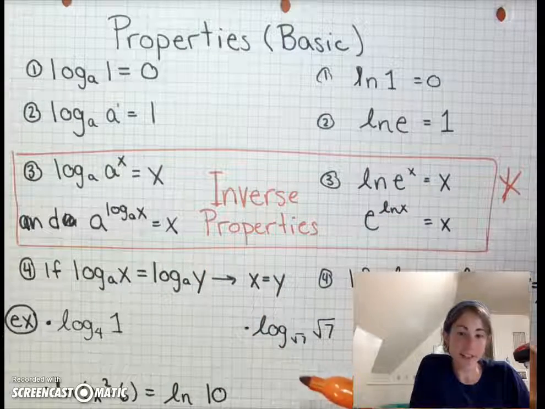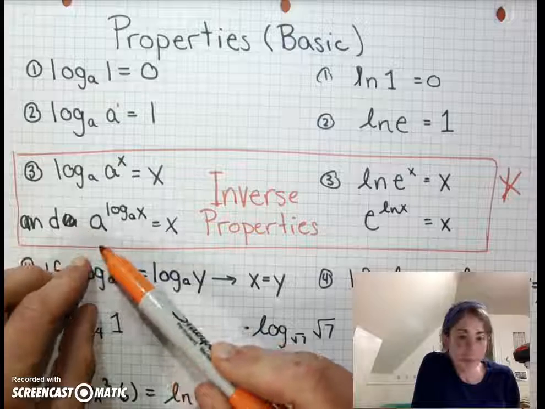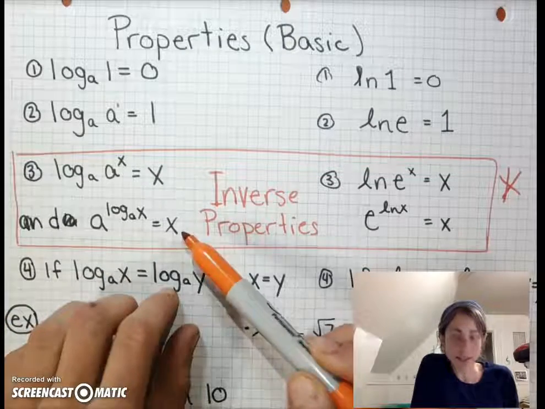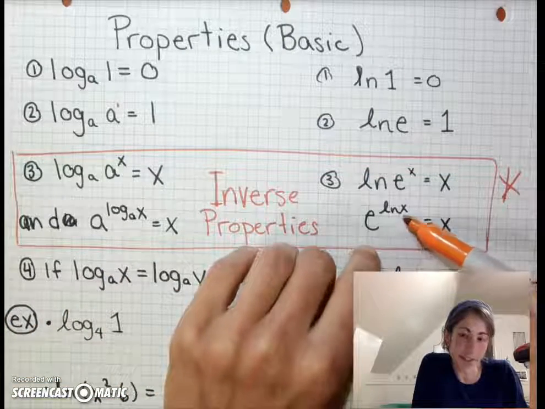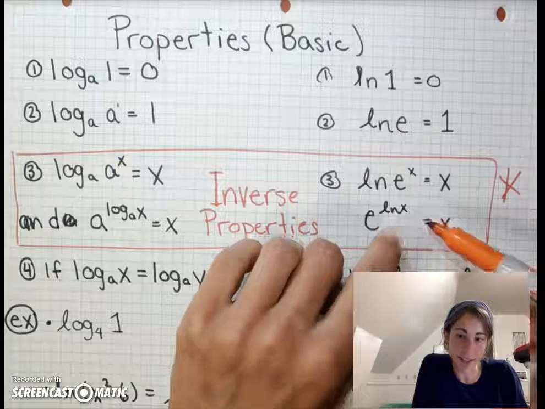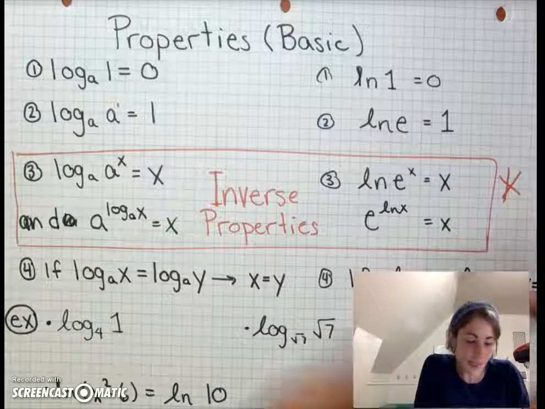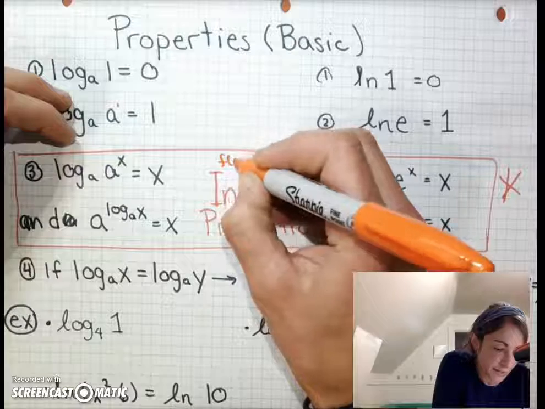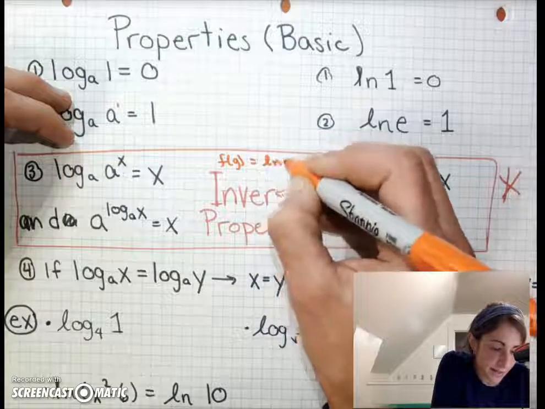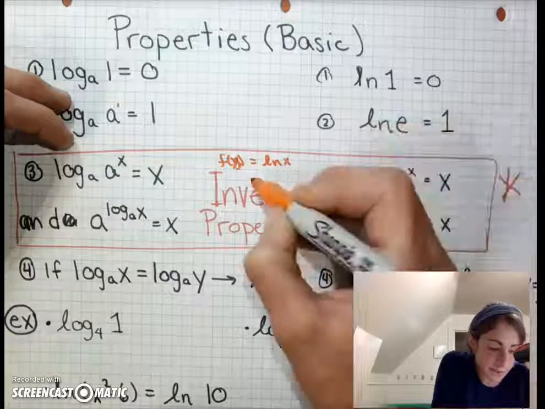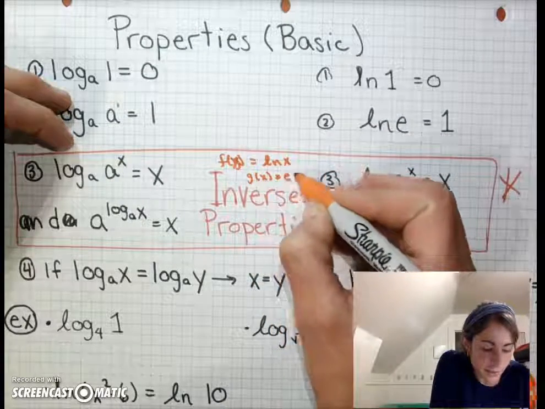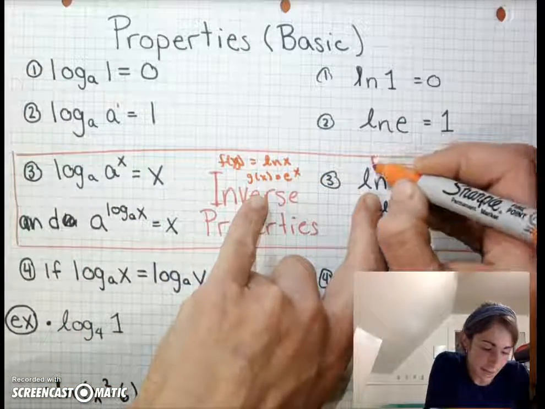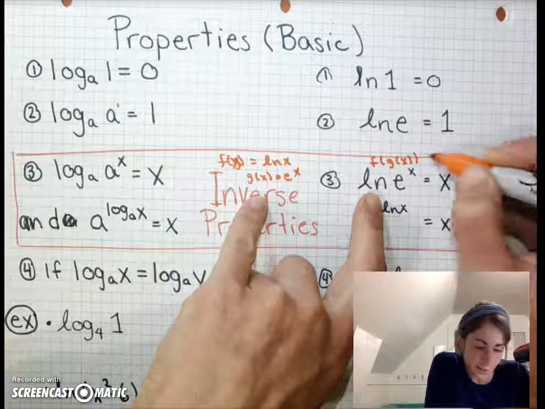The other way to phrase the inverse property is that if you take a and you raise it to the log with base a of x, we're just left with x. If you take e and raise it to the log base e, or the ln of x, we're just left with x. And these really truly are inverse properties if you think about it, because if we write f of x equals ln of x, for example, and g of x equals e to the x, then ln of e to the x is the same as f of g of x, and we're saying that equals x.